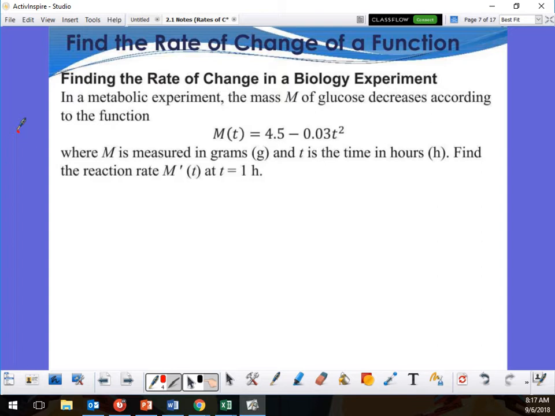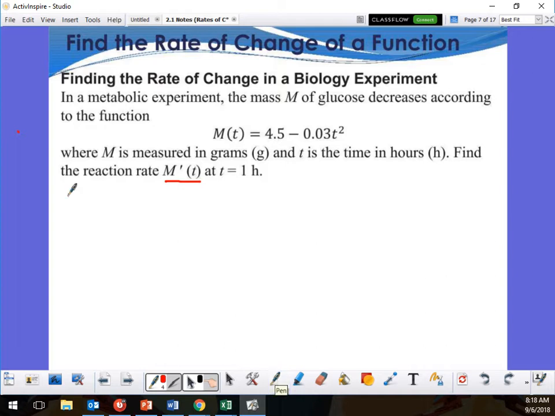Where M is measured in grams and t is in hours, find the reaction rate M prime of t at t equals 1. That means t is the time at which I want to find the rate. So if I were to do my derivative, actually it's a limit.